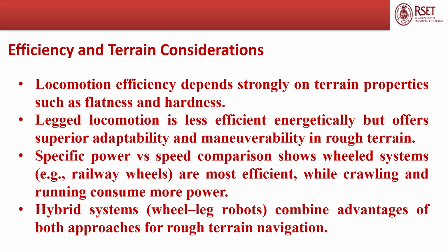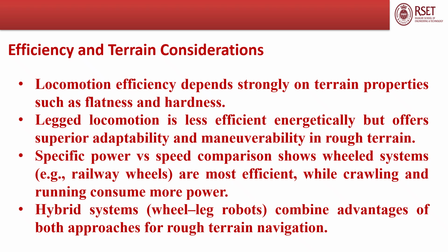This is clearly seen in the comparison of specific power versus speed, where wheel systems require less power for higher speeds. Leg locomotion, although less energy efficient, offers superior adaptability and maneuverability on rough terrain. This makes leg robots suitable for outdoor and unstructured environments.